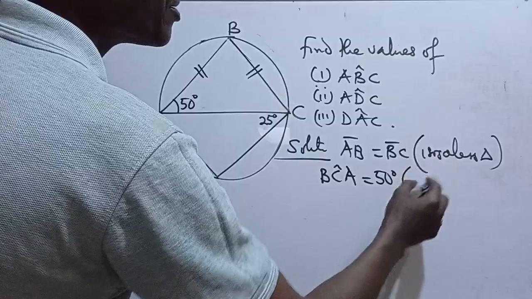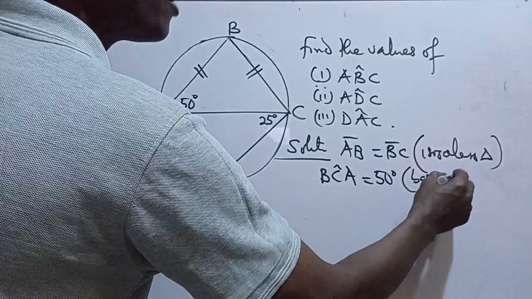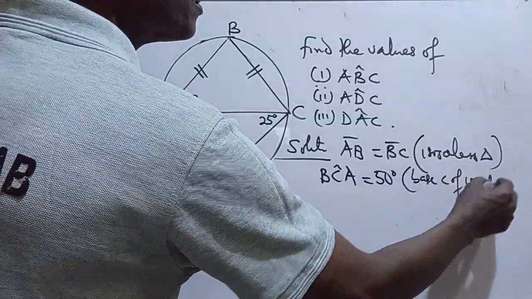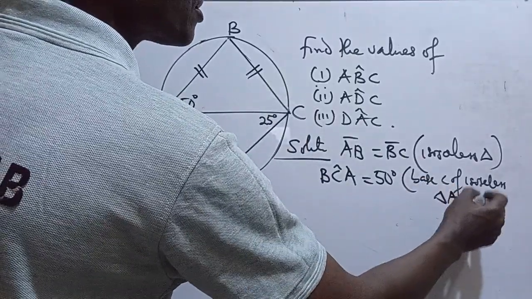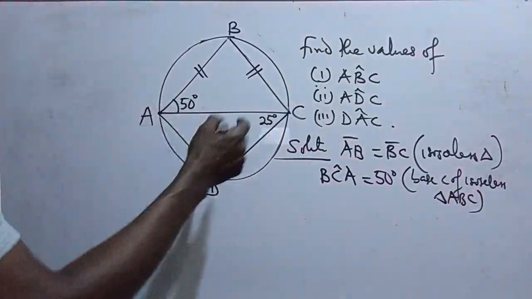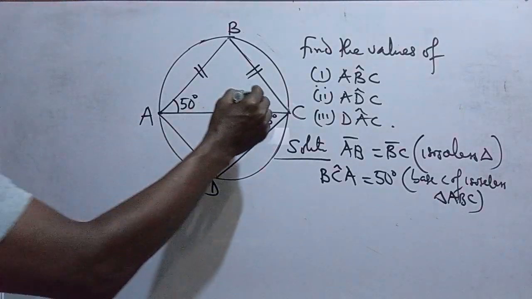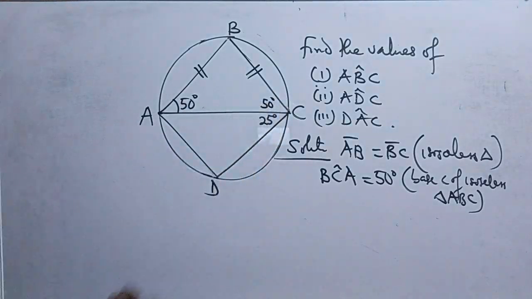The reason is that this is a base angle of the isosceles triangle ABC, because triangle ABC is isosceles. The other triangle is not isosceles. So we have gotten 50 degrees here because it's a base angle of the isosceles triangle.